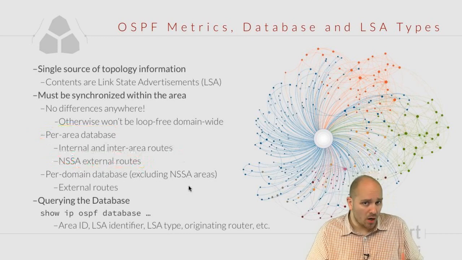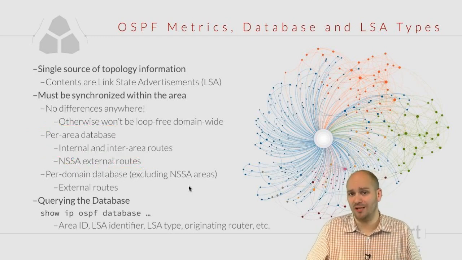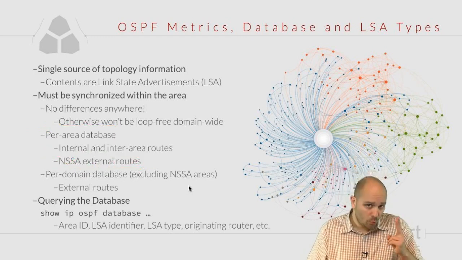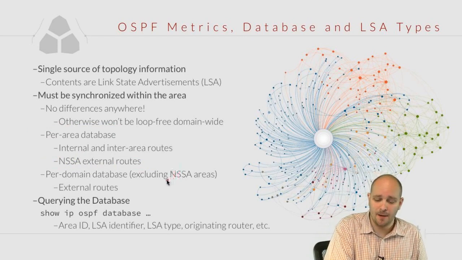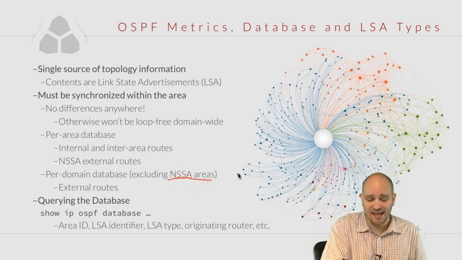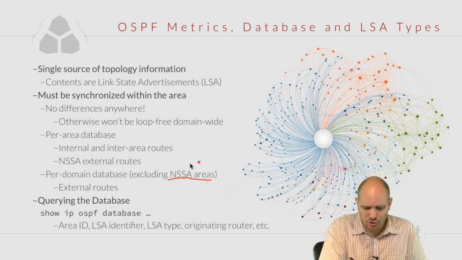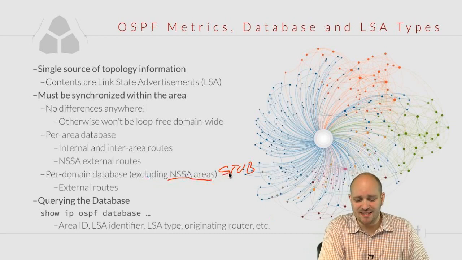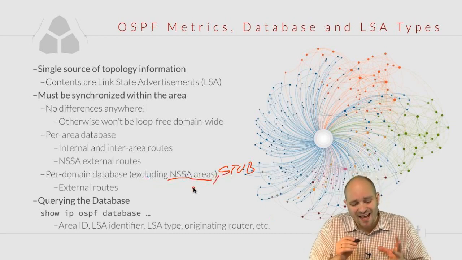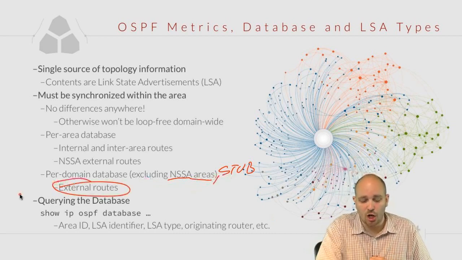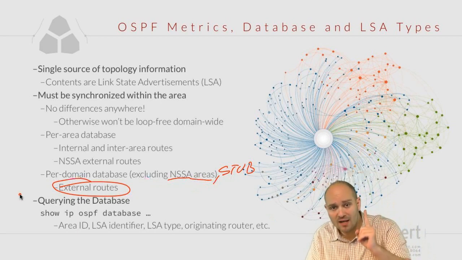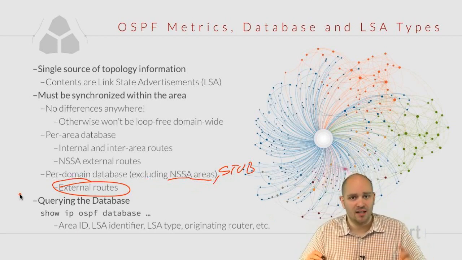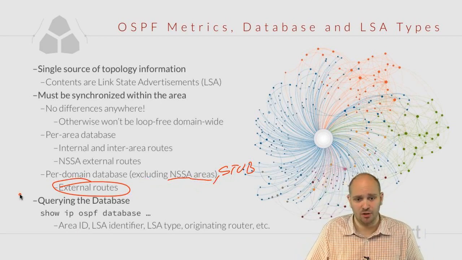However, there is one database that is global for the entire OSPF domain with two exclusions, and these are NSSA areas and, actually, I should mention here, I forgot to write it down, also stub areas. So excluding NSSA and stub areas, external routes are global. They are kept in one single database for the entire OSPF domain.